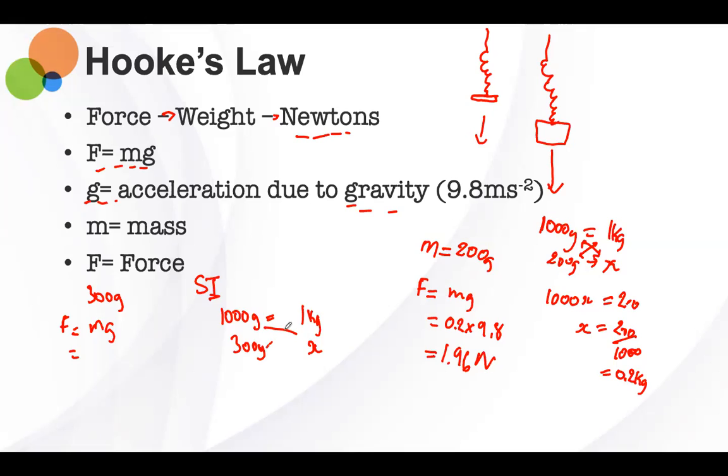So we cross multiply and we finally get, for the 1,000 grams times X, 1,000X equals 300. And then we want to get X on one side to get how much the kilograms is.